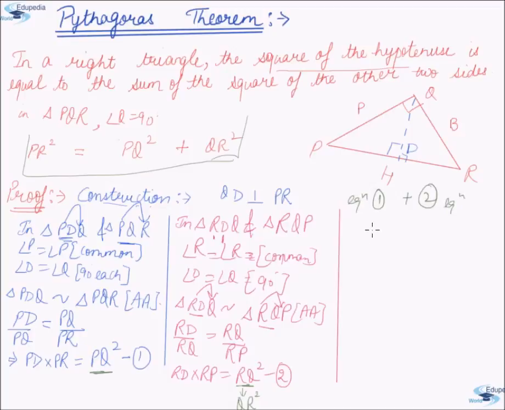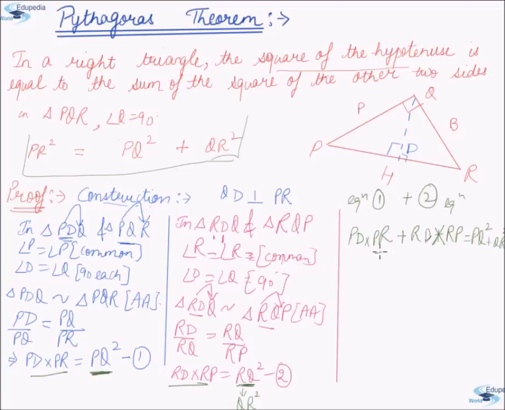Adding equation 1 and equation 2, we get PD into PR plus the left hand side, which is RD into RP, is equal to PQ square on the right hand side and QR square on rearranging the right hand side of equation 2.